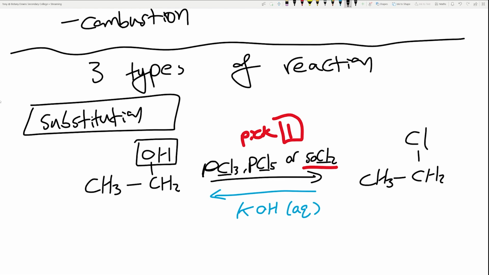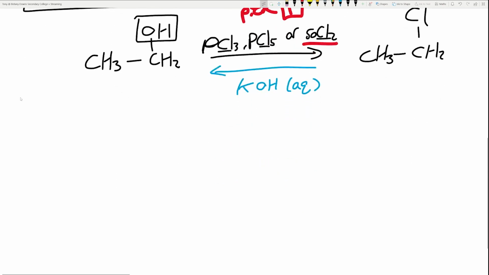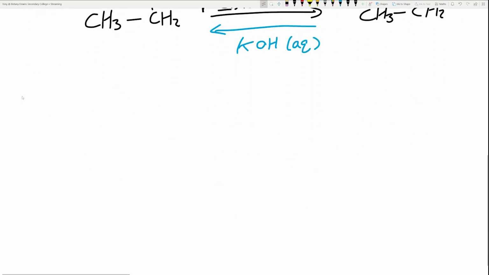This is the back and forth of the alcohol and the haloalkane. But with the limitations of this particular unit, we are only interested in the chlorine substitution, so we're restricting the number of choices to PCl3, PCl5, or SOCl2. This is the easier one.